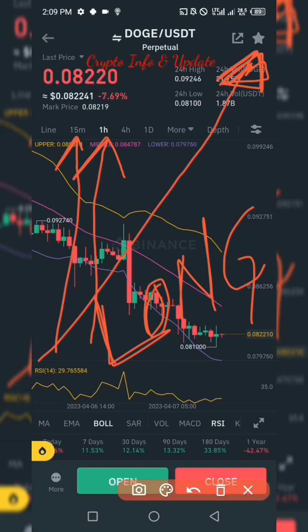So let's now talk about RSI. How do you exactly know that it's time for me to enter this trade?